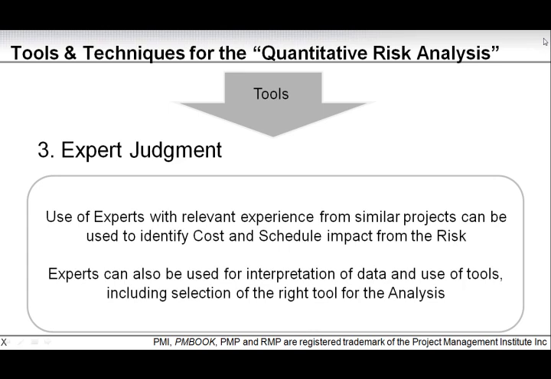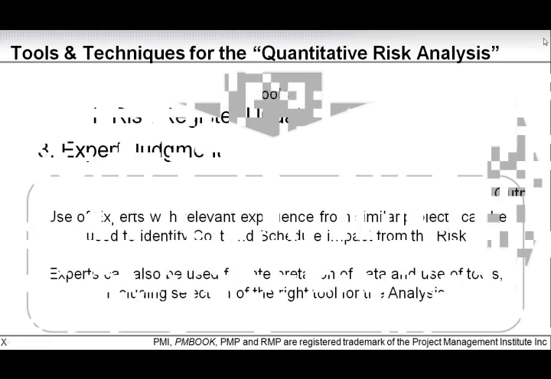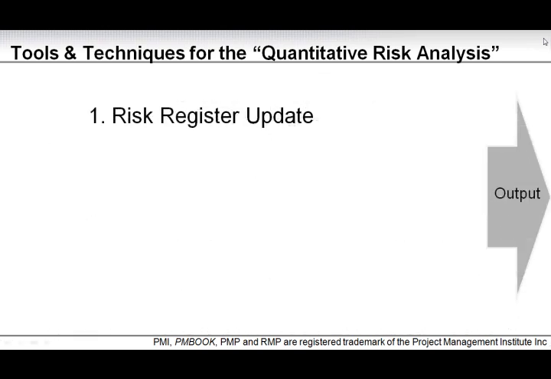Experts can also be used here in the quantitative risk analysis for interpretation of data and use of tools. As I mentioned earlier, there are a number of expert tools. So having experts there for interpretation of data and use of tools, including selection of the right tool for the analysis, can be very helpful and is often recommended. So the experts have a wider role here, you can say.